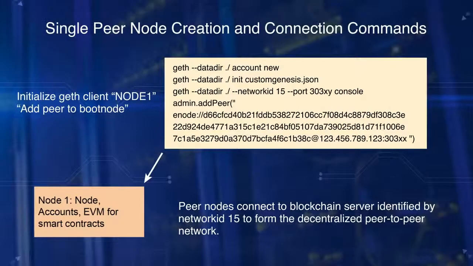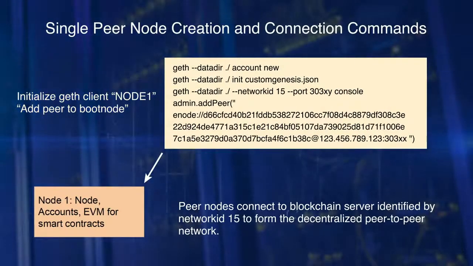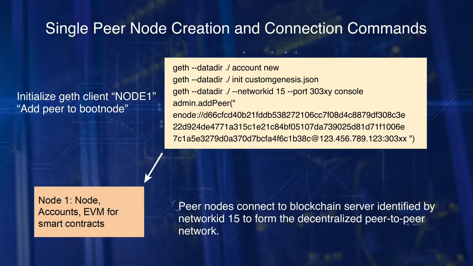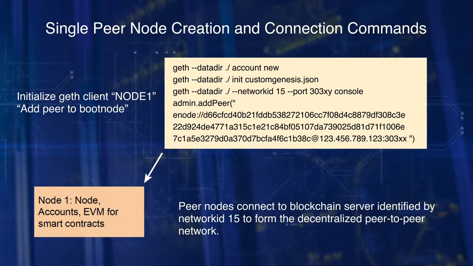We have completed the creation of one node. Let's now create at least one more peer node. Here we are creating node 1 and adding it as a peer node to the boot node we created earlier. After creation of this node, observe that we are using the admin API's addPeer command, the fourth command, and the enode address of the boot node we created earlier.